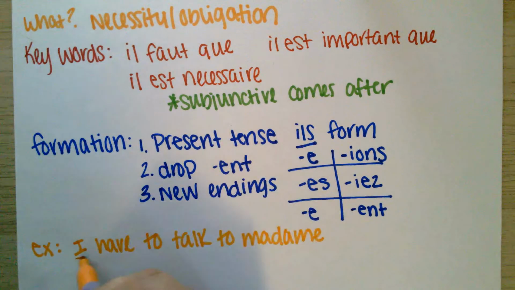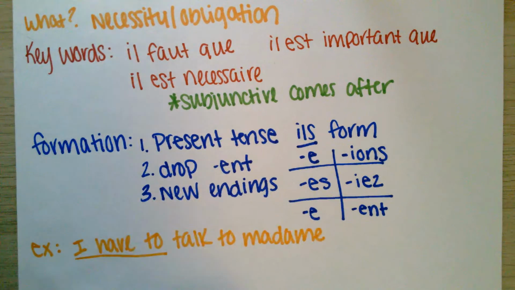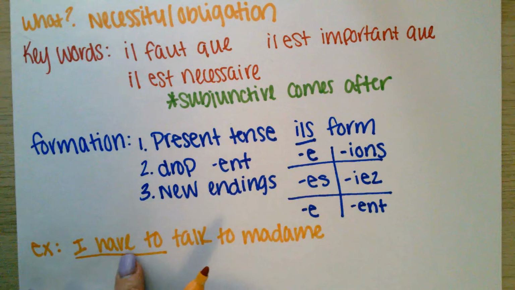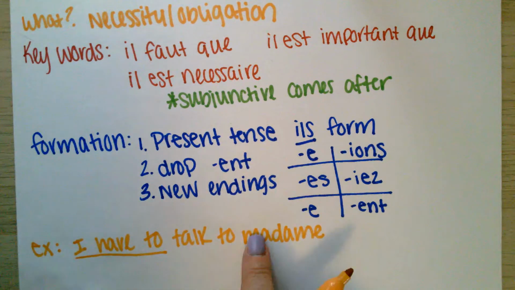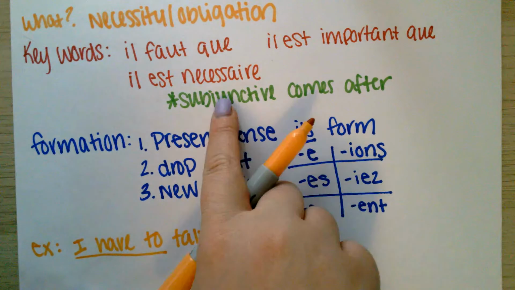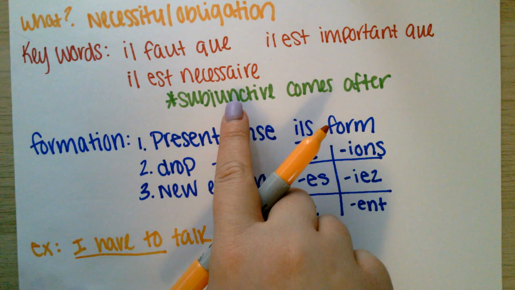This I have to, that is our necessity and our obligation. Now this talk to Madame, that part is going to be in the subjunctive. So I'm going to write my necessity, my key word, in red, and then I'm going to write the subjunctive in green, so you can see these keywords plus the subjunctive coming after it.